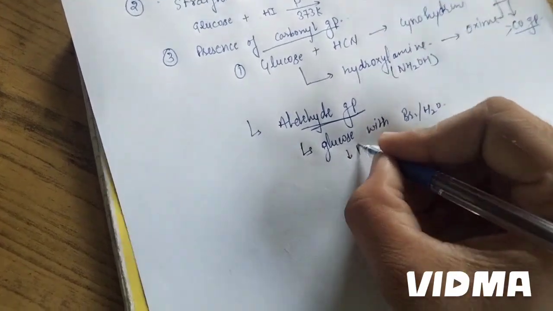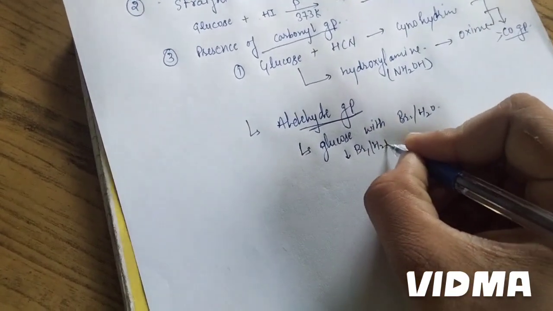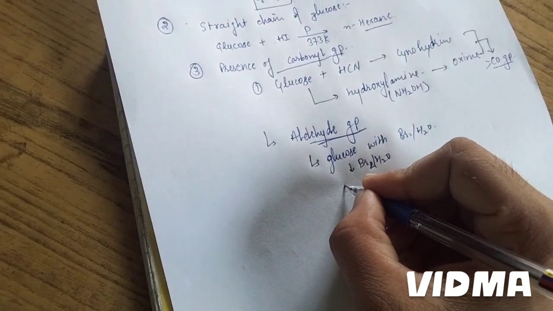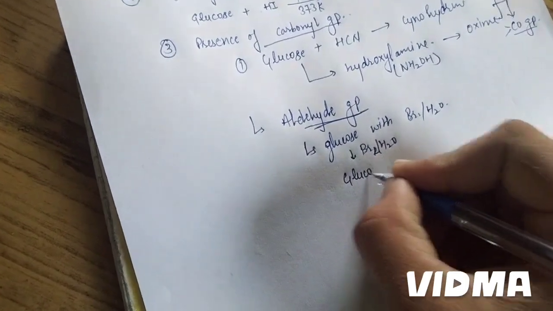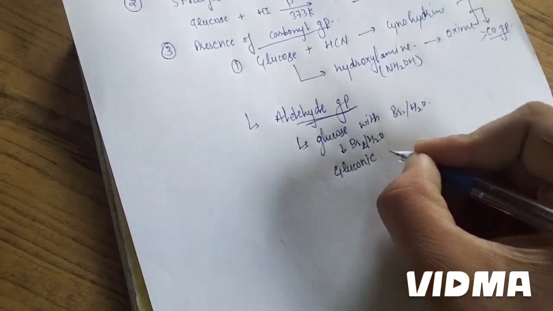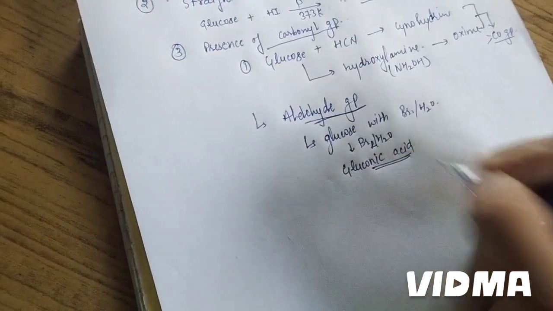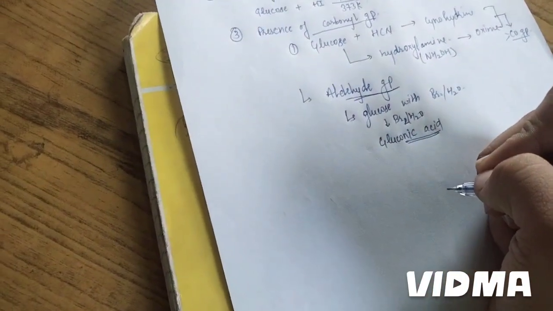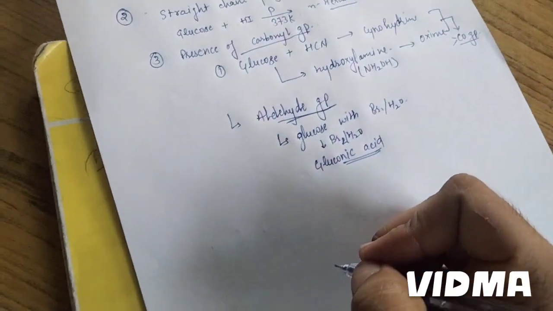So when glucose was reacted with bromine water, it gives us gluconic acid, which confirms the presence of aldehydic group in the structure of glucose.